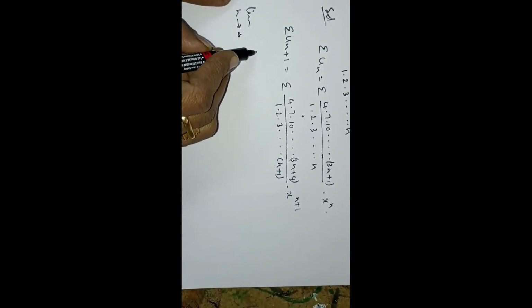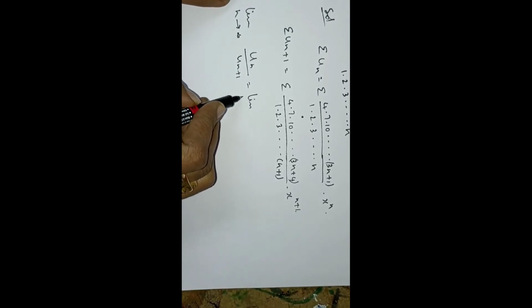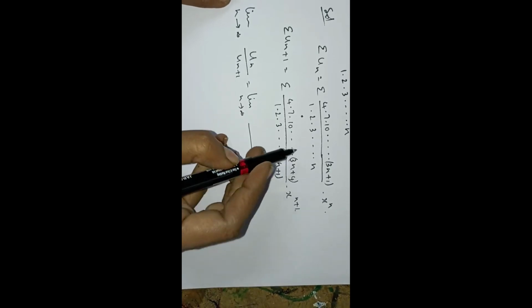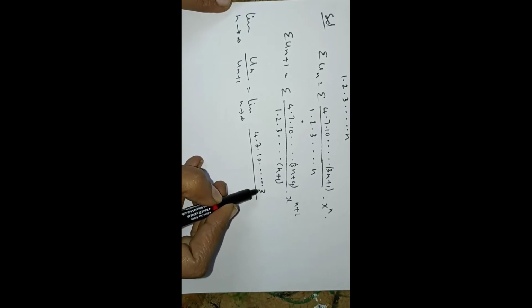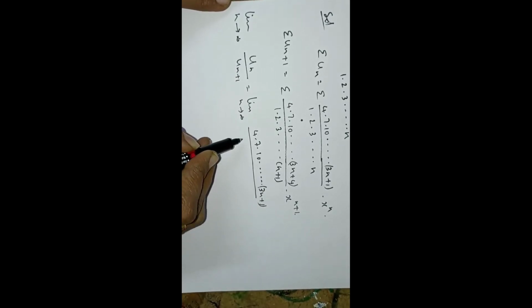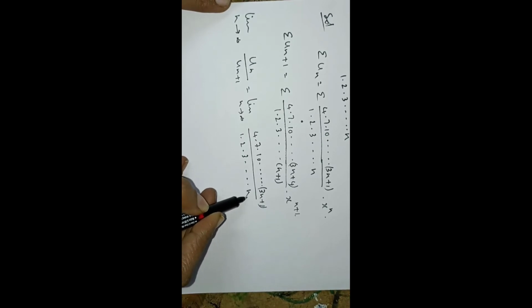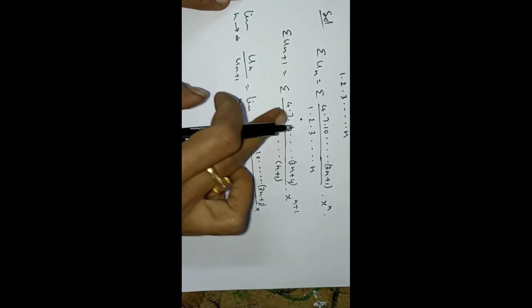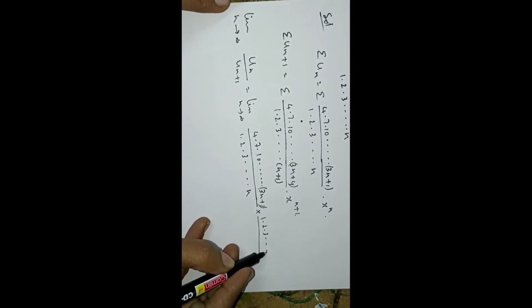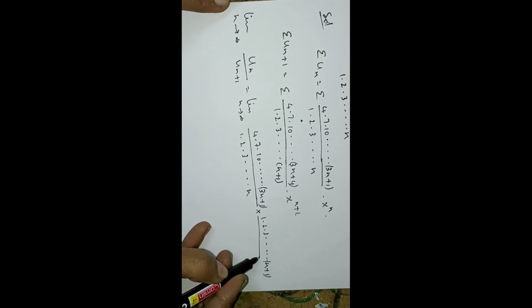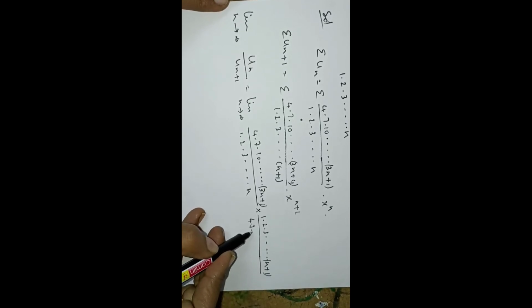Limit n tends to infinity un by un plus 1 is equal to limit n tends to infinity un. How much is our un? 4 into 7 into 10 into 3n plus 1 by 1 into 2 into 3 and so on n, by un plus 1. If you write this big fraction, it will become reversed: 1 into 2 into 3 and so on n plus 1 by 4 into 7 into 10 and so on 3n plus 4.